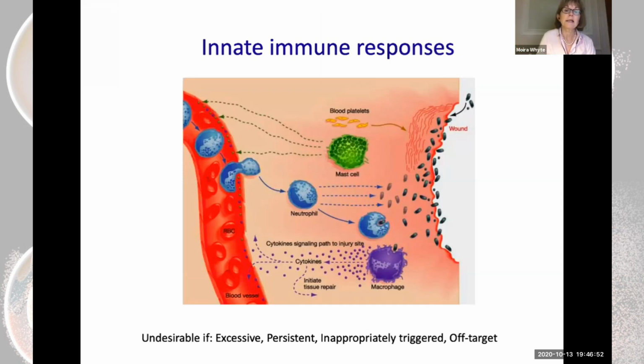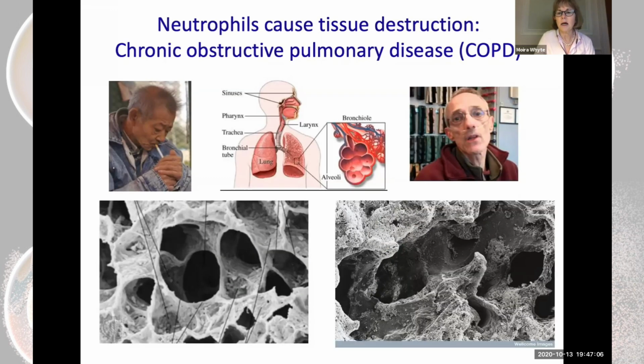And yet, these cells contain an array of enzymes and oxygen radicals and so on that are able to cause massive tissue destruction. So the other end of the spectrum is a disease that I see a lot of, chronic obstructive pulmonary disease, and you will probably know that this is destruction of the lung parenchyma, the airways and the alveolar spaces.